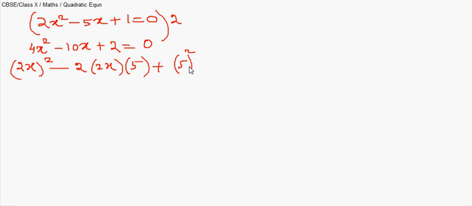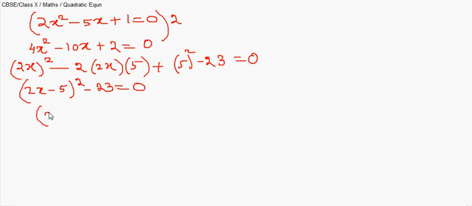I have already added a 25 to it, so I will take a minus 23 equals 0. That will give me a plus 2. So it is 2x minus 5 whole square minus 23 equals 0. So 2x minus 5 whole square is equal to 23.